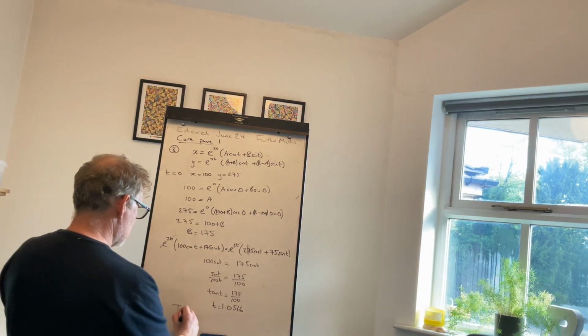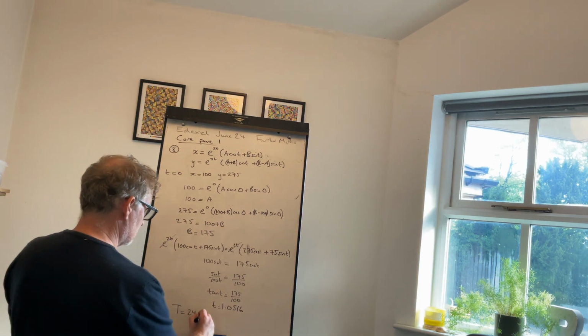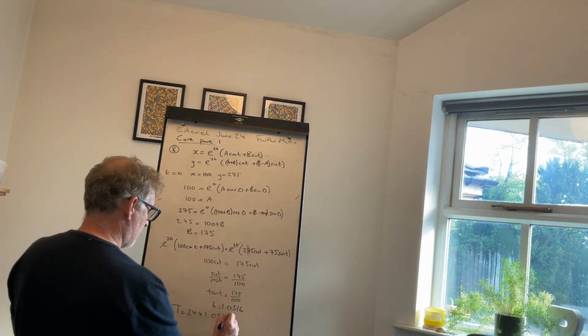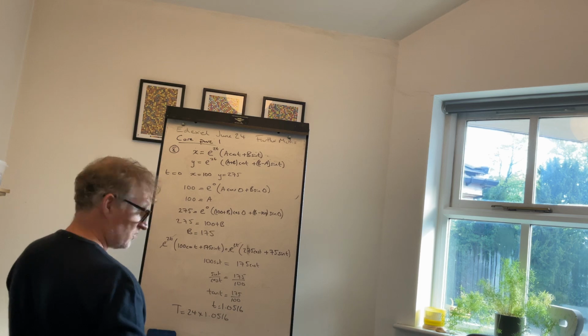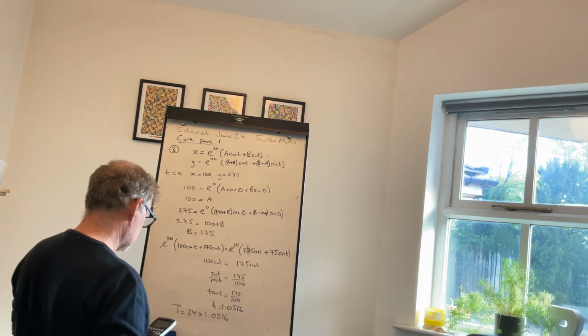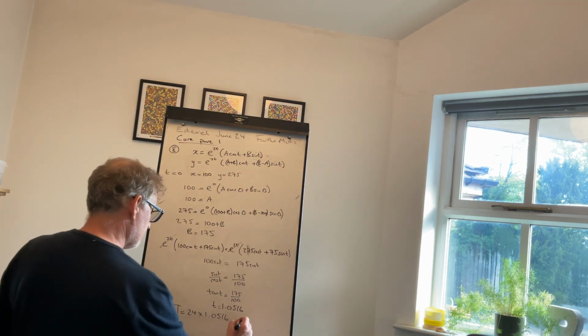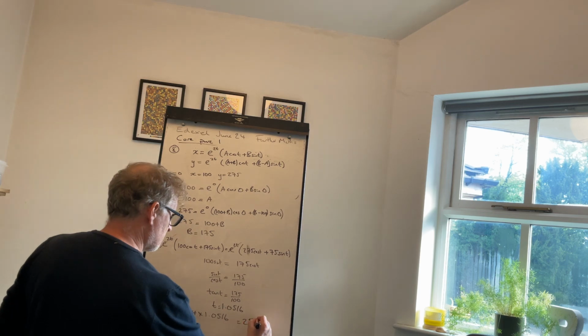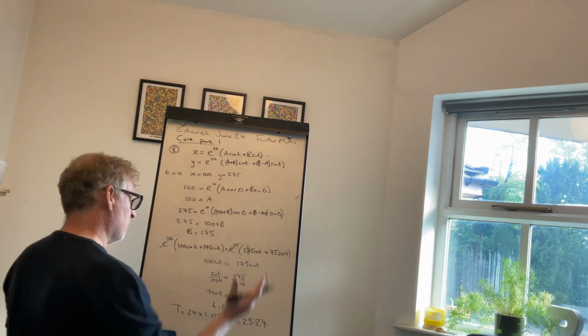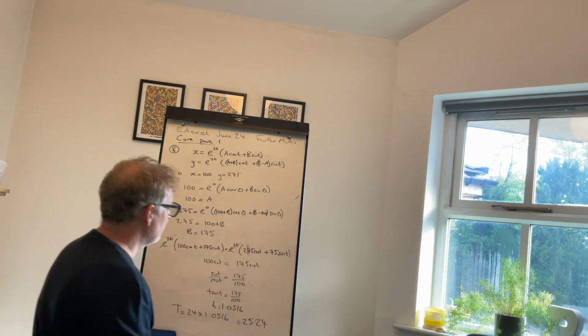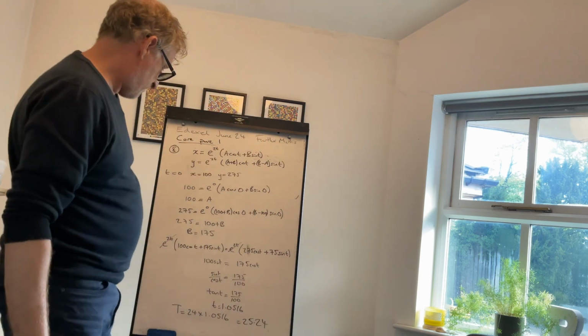So T is 24 lots of that, because obviously 24 hours in a day. And that equals, to 2 decimal places, 25.24. Boom, done. Excellent. Wonderful, wonderful, wonderful.